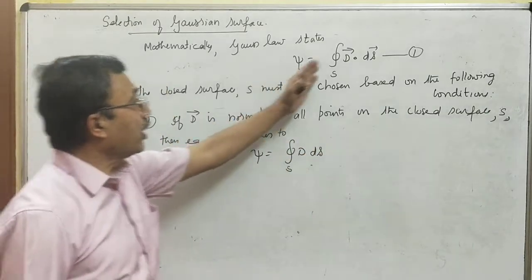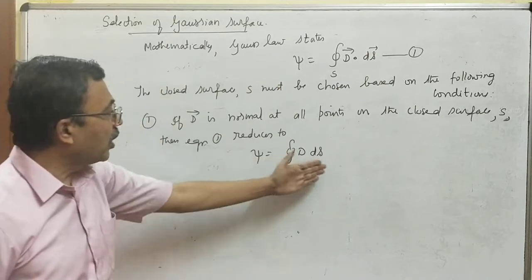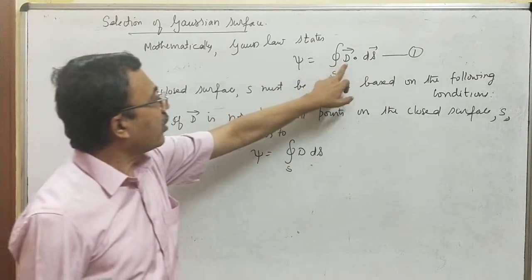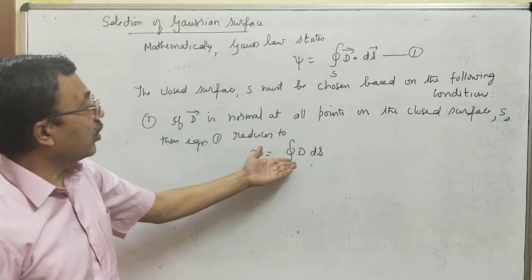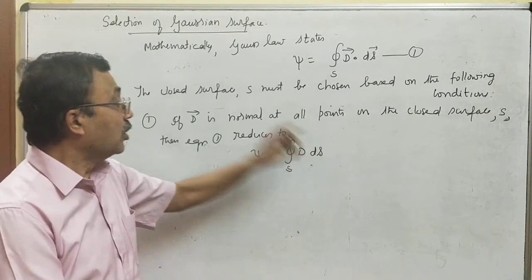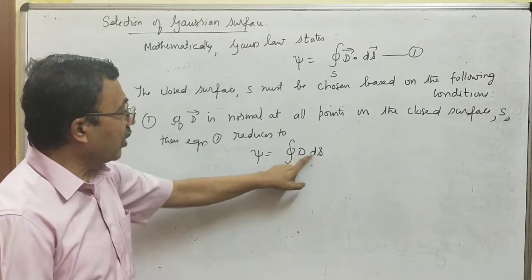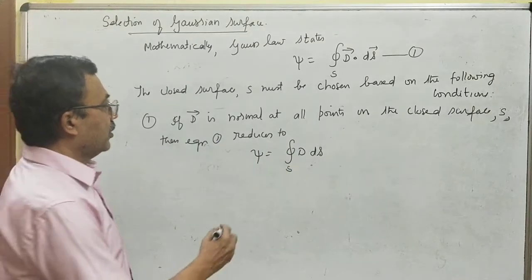The dot product becomes simple mathematical product. The dot product of two vectors has now reduced to simple arithmetic product of two scalars D and dS. Please note that D and dS are at right angles to each other.